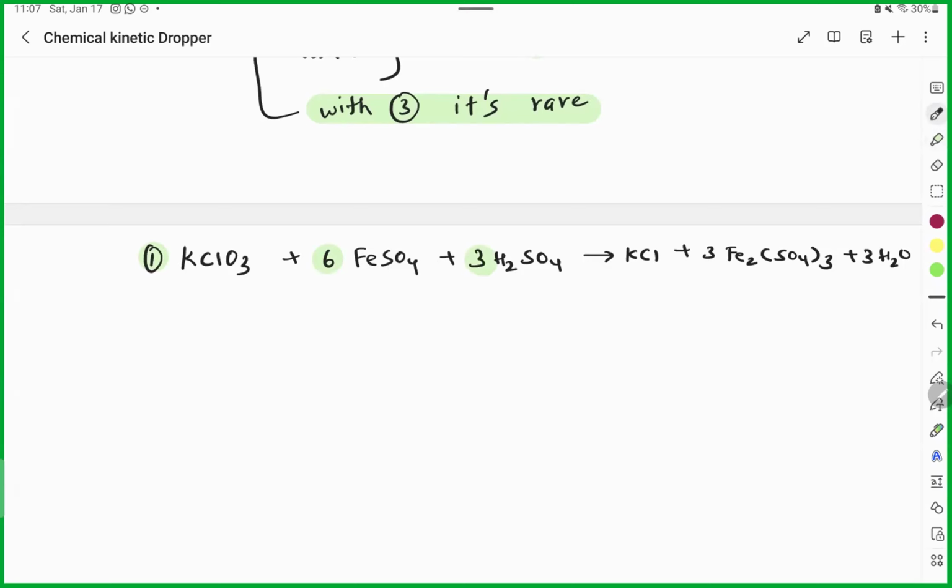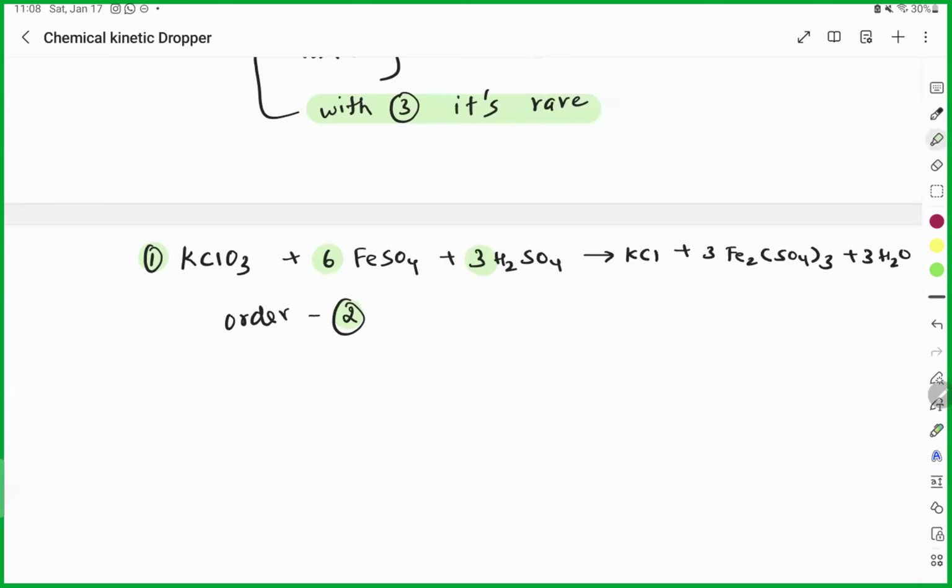But here we can't tell. If you see the order of this reaction, it is only 2. So this is a complex reaction. The reaction happens in many steps, and that's why the order will be decided by the slowest step. Based on this reaction, you can never tell the order or the molecularity of the reaction.